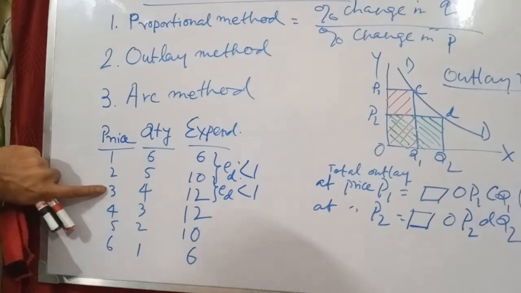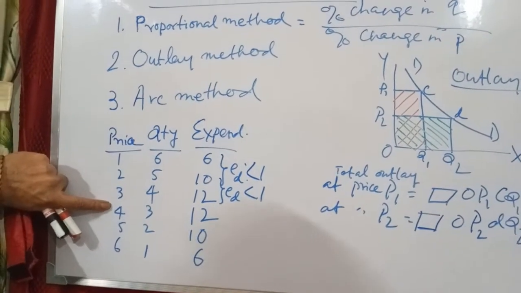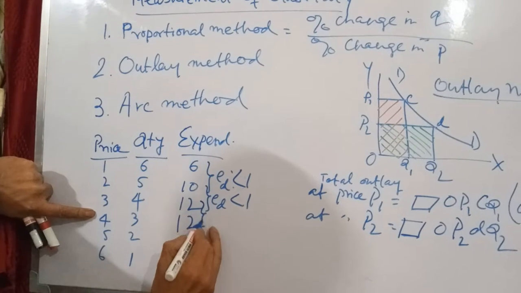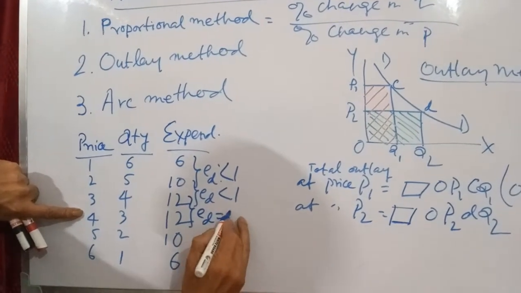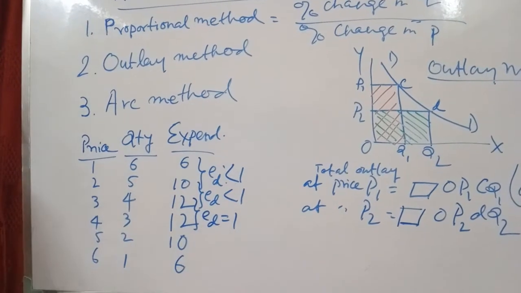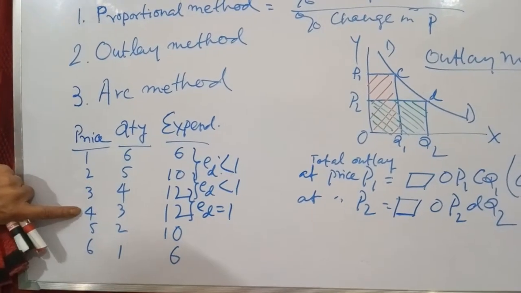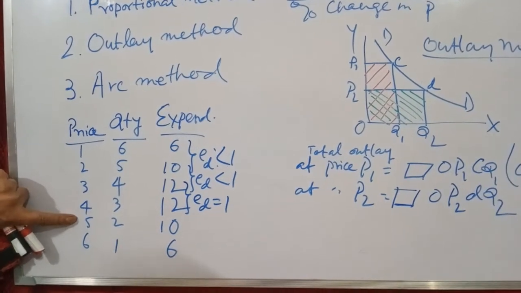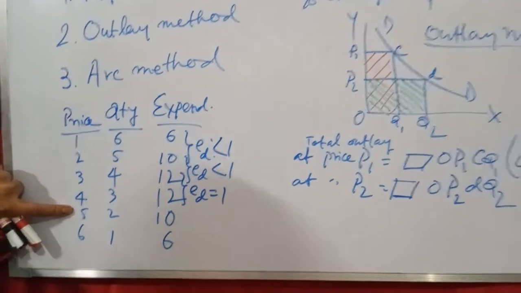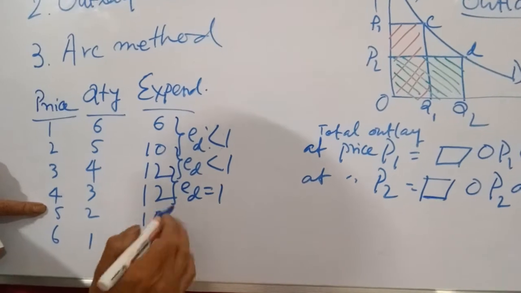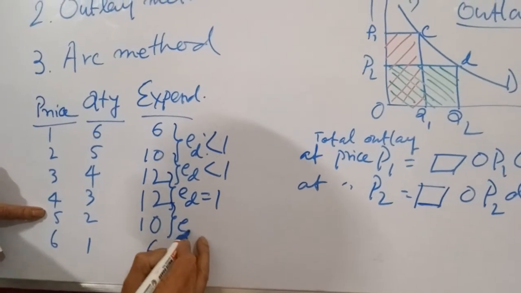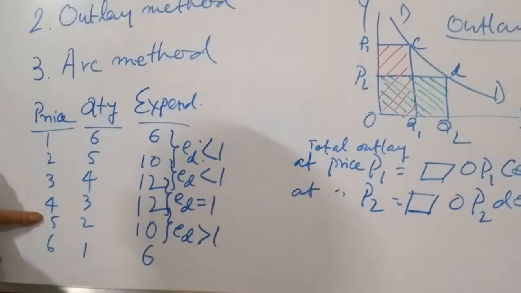When price further increases from 3 to 4, total expenditure remains the same. So here ED equals 1. When price further increases from 4 to 5, total expenditure falls from 12 to 10. So here ED is greater than 1.